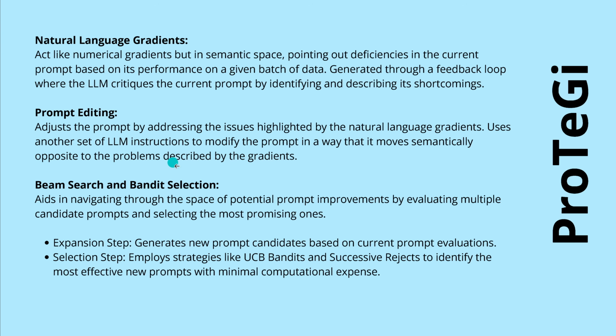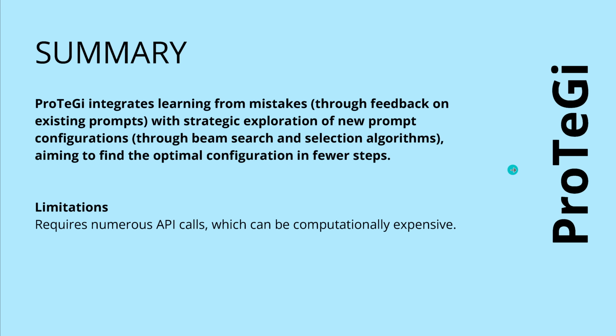Yeah, then you have beam search and bandit selection, which is not so important, but what it does now in a summary, this now Prodigy integrates learning from mistake through feedback on existing prompts with a strategic exploration of new prompt configuration. Imagine beam search, aiming to find here the optimal configuration or the optimal prompt structure in fewer steps.